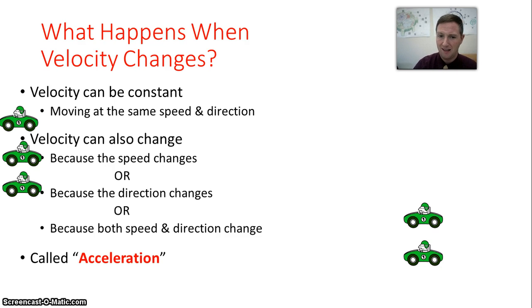If I'm going slower, it's going to be a negative acceleration. Or I can change directions. That would be a positive velocity. I stop, and now that's a negative velocity. I've changed my direction. Or I can change velocity and direction at the same time. All these are different instances of acceleration. All right? Cool? All right.